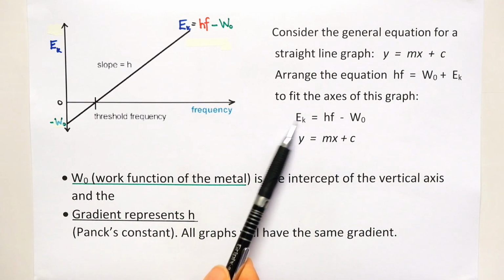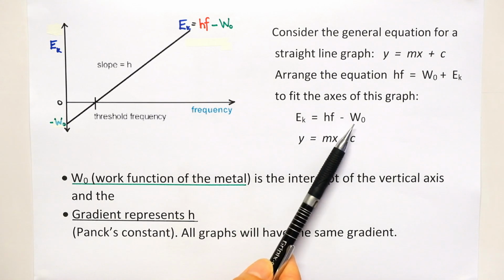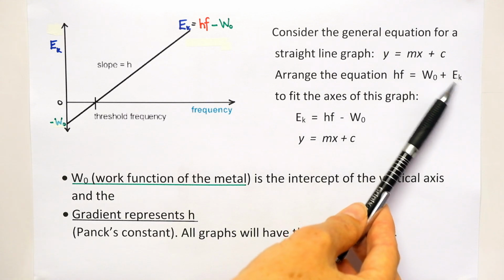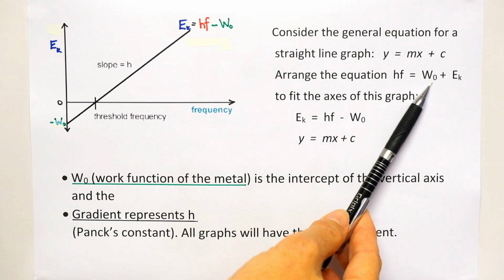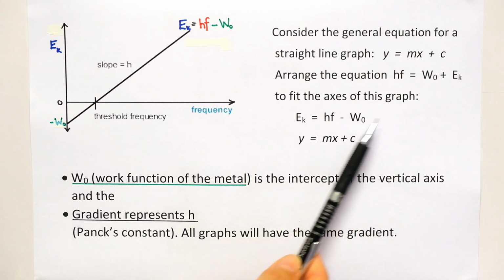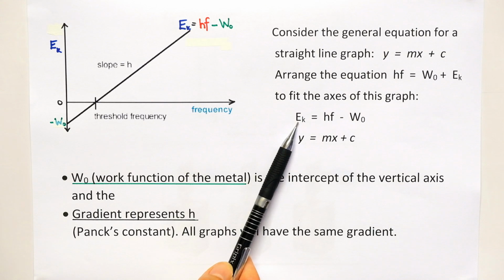So the equation becomes this: EK equals HF minus the work function. So I made EK the subject of the equation. If you minus work function on both sides, it becomes HF minus work function. So that is what our equation looks like now.